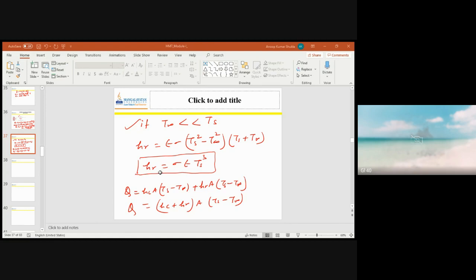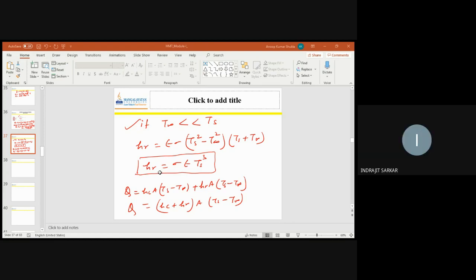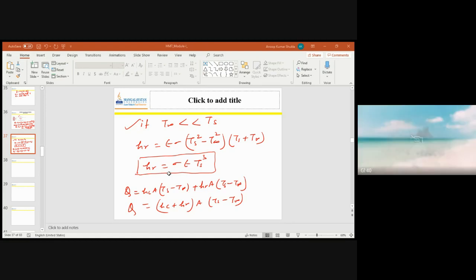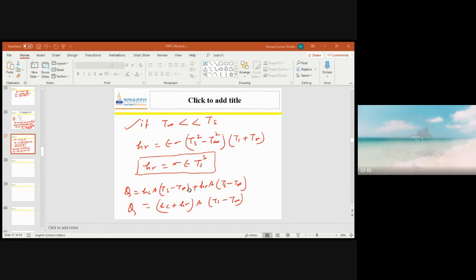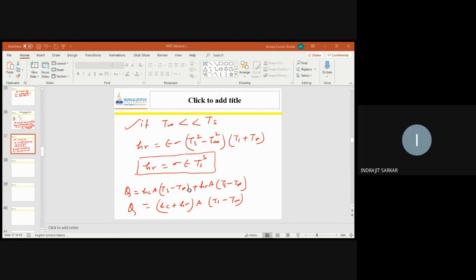Indrajit.mangalayatan@gmail.com. Yes, this is from the university. Another mail ID from the university. I noted down both your email IDs. This is my actually personal mail ID.